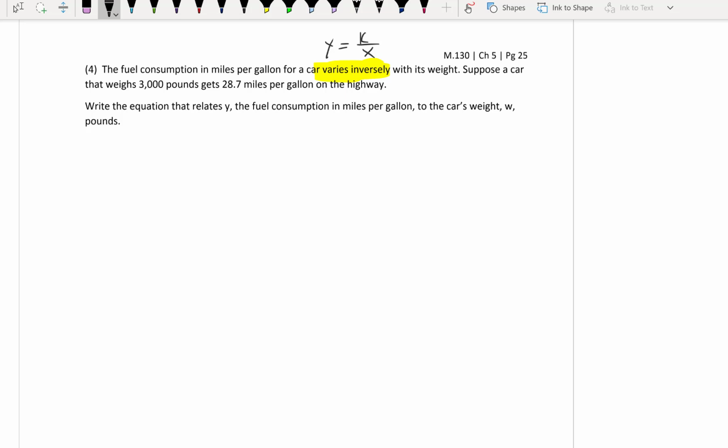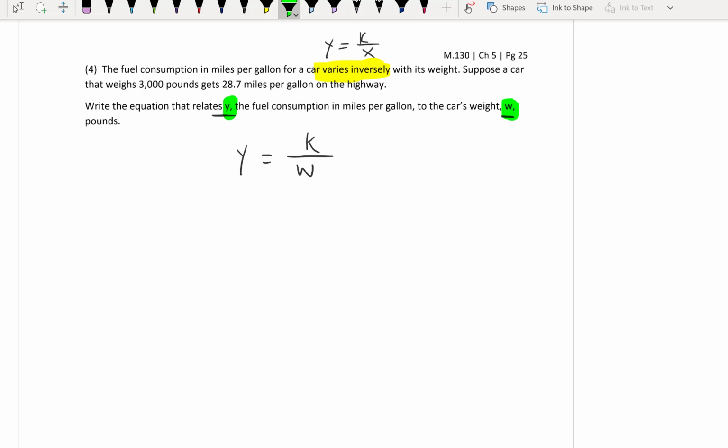So, okay, so it says that it has my y. So I have my y is equal to my k, and it says the fuel consumption in miles per gallon to the car's weight, w in pounds. So those are in particular the variables that they want me to use. They want me to use y, and they want me to use the w, okay, since it varies inversely with its weight, w for weight.